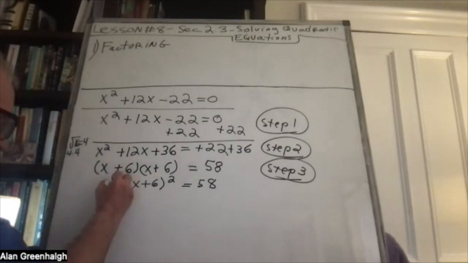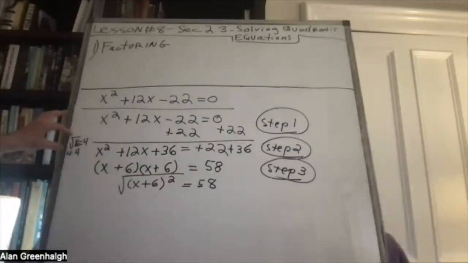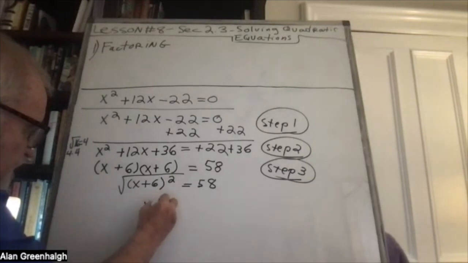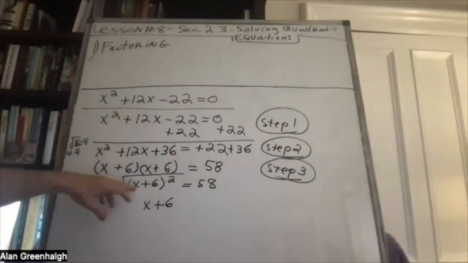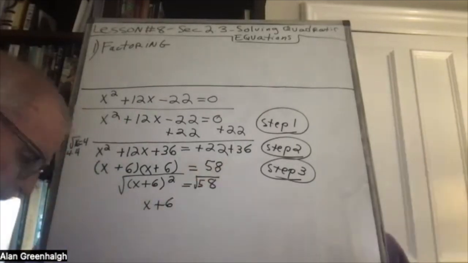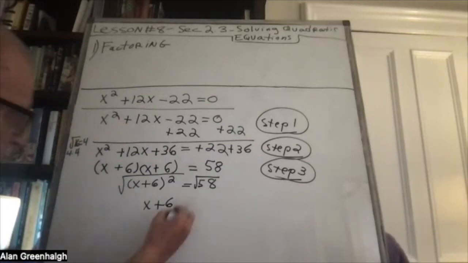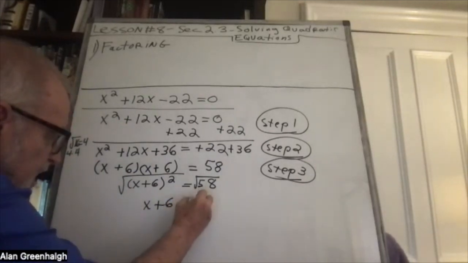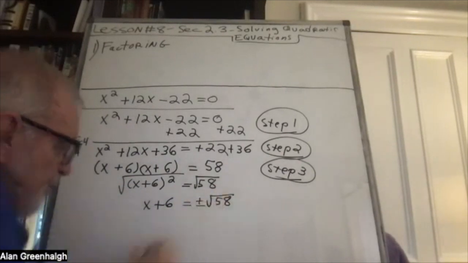So when we take the square root of this, like when we take the square root of a perfect square, we get the same number, namely x plus 6. But you can't just take the square root of one side of an equation without also taking the square root of the other side of the equation as well. And remember, it's plus or minus the square root of 58.